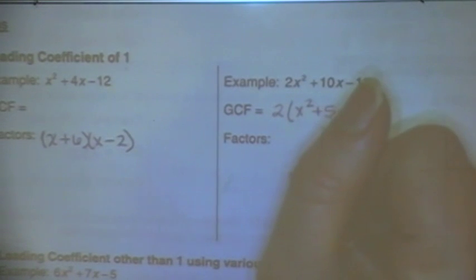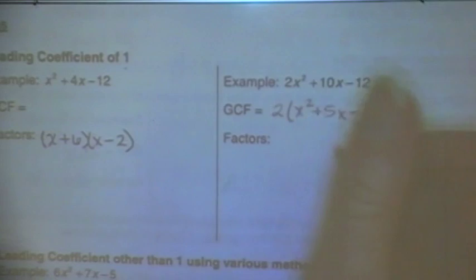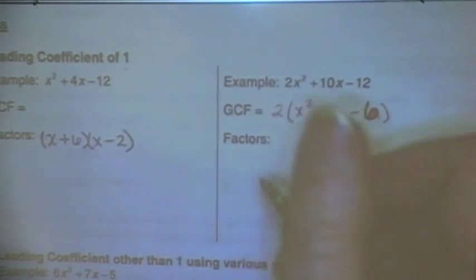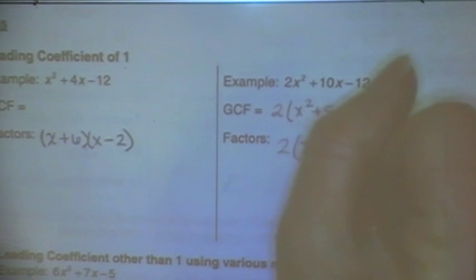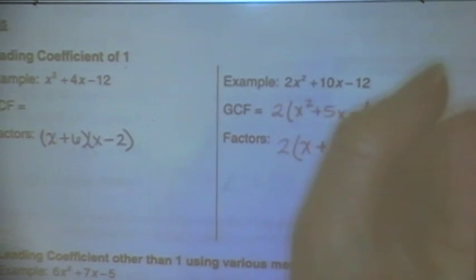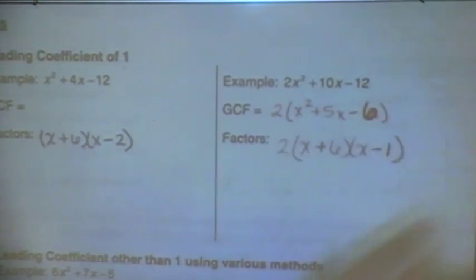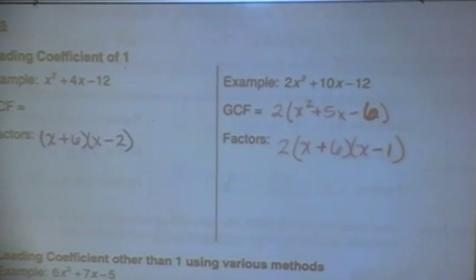So it's not 3 and 2, because I can't get 5 with a negative 3 and a positive 2 or a positive 3 and a negative 2. I can only get 5 with x plus 6, x minus 1. In this case, it might have benefited you to use the factor sum chart because sometimes people mistake this one and use 2 and 3. Alright, so that's just a little review.